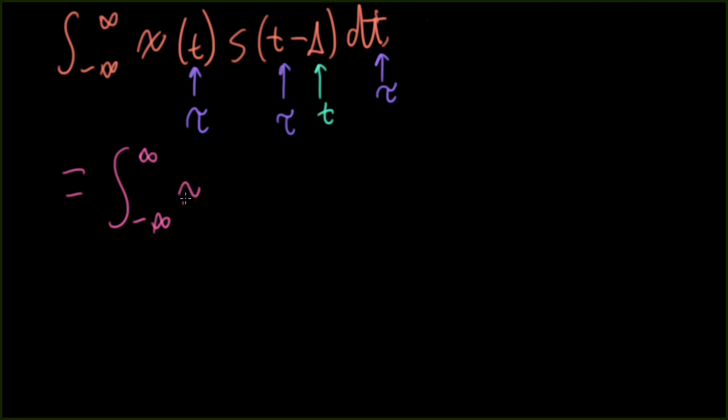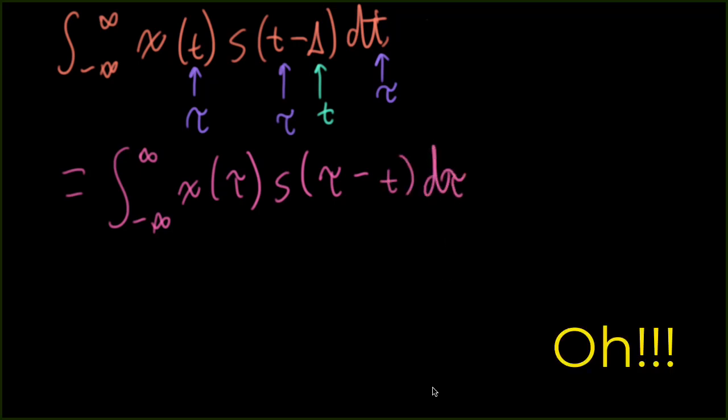I'll write this as the integral of x of tau, s of tau minus t, d tau. That looks an awful lot like a convolution. However, a convolution didn't have tau minus t here.